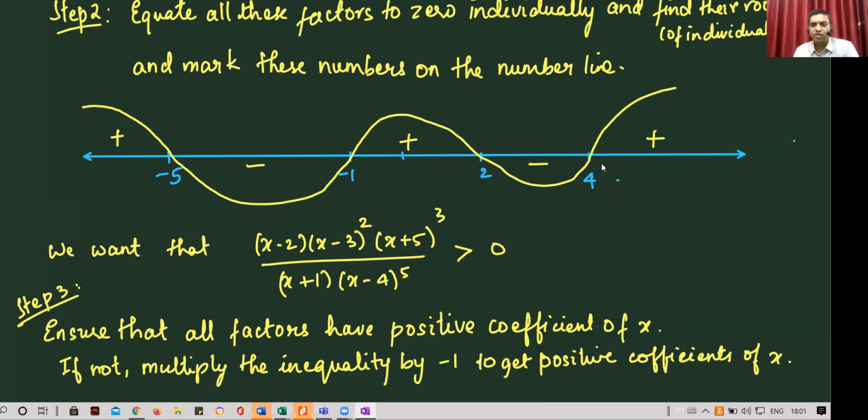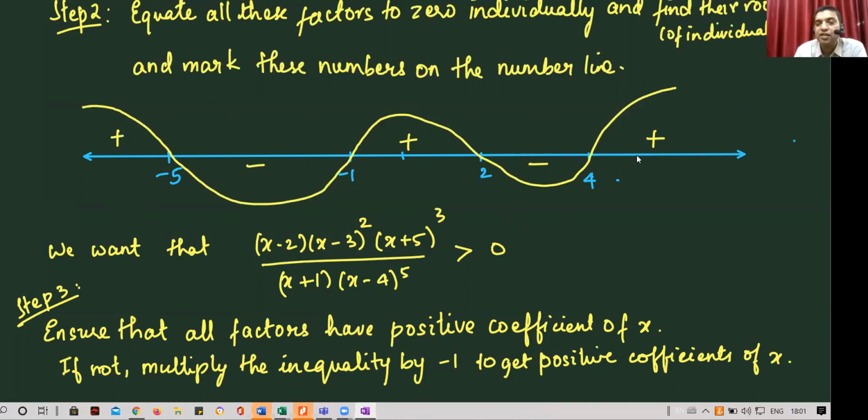Now, what is the logic? Why to the extreme right? To the extreme right, x is greater than 4. If x is greater than 4, x minus 4 is positive. Then x minus 2 will be positive. Then x plus 1 will be positive. x plus 5 will be positive.